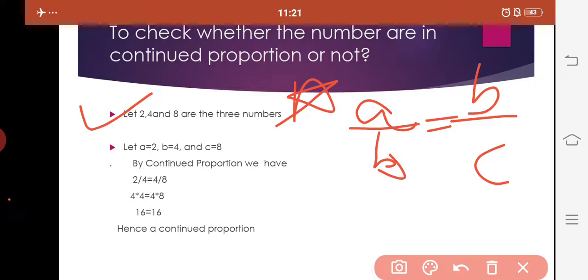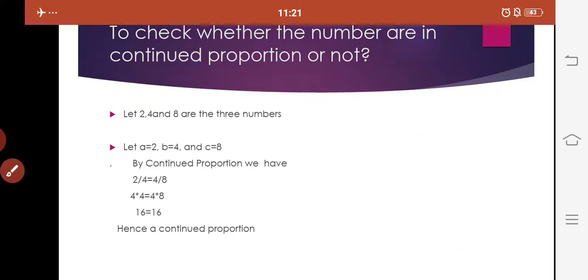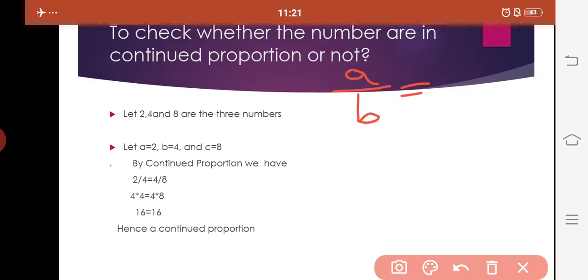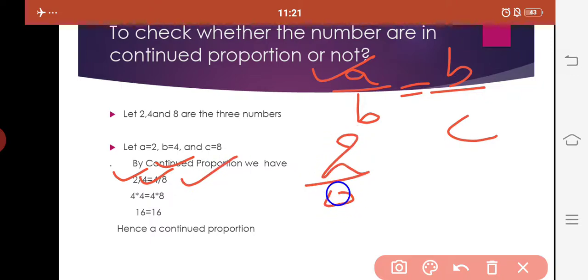Let A equal 2, B equal 4 and C equal 8. Then 2 upon 4 is equal to 4 upon 8.